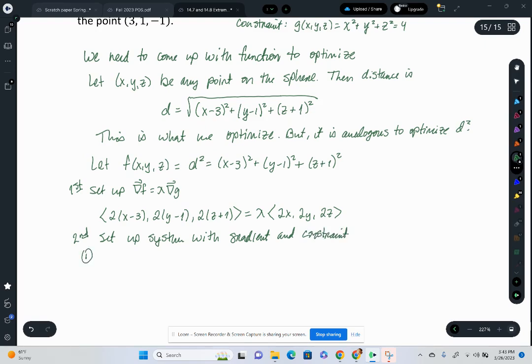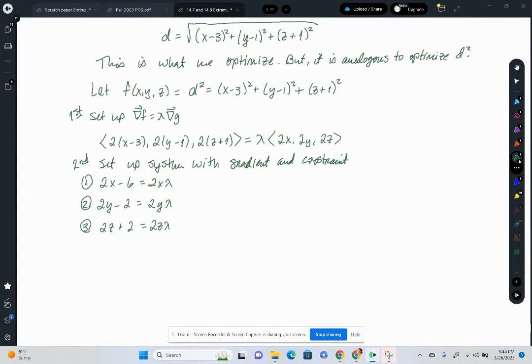This gives us 4 equations, and I'm going to distribute as I write these out. From the gradient of f, the first equation is 2x minus 6 equals 2x lambda. The second is 2y minus 2 equals 2y lambda. The third is 2z plus 2 equals 2z lambda.